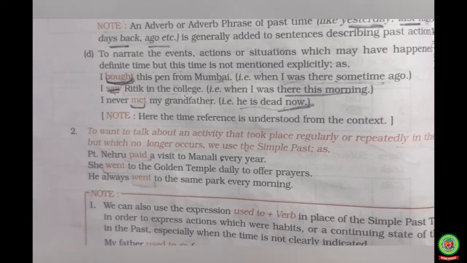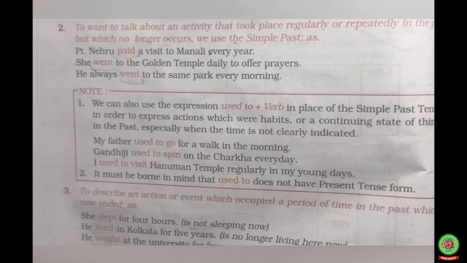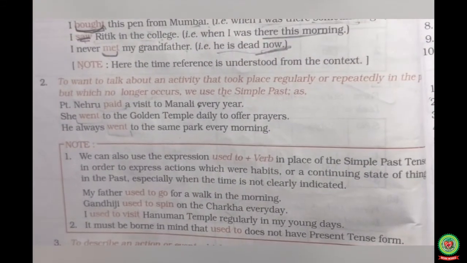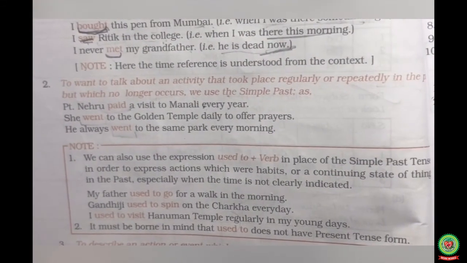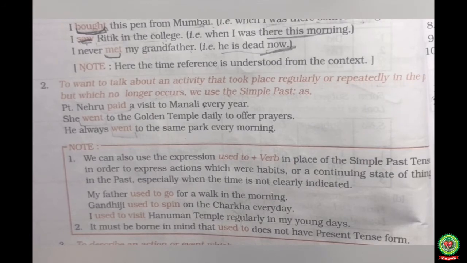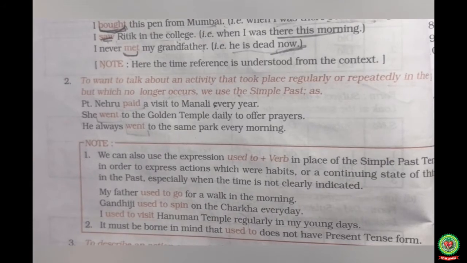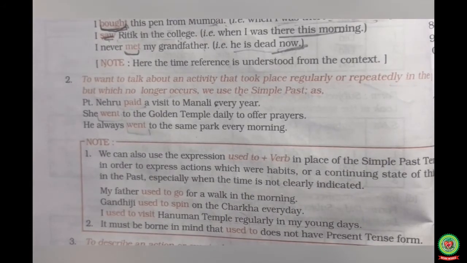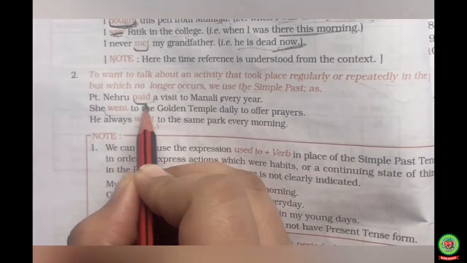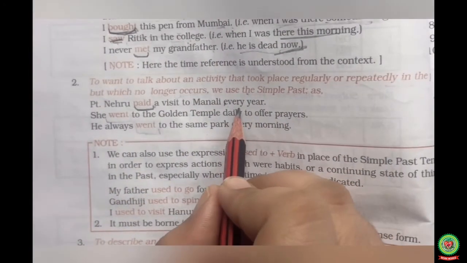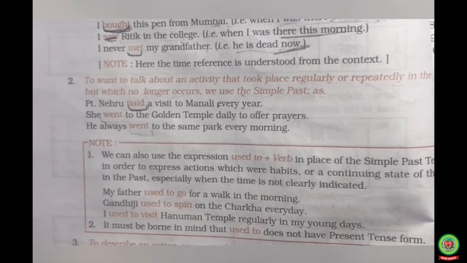Now next point is to talk about some activity that took place regularly or repeatedly in the past but no longer occurs. Then we use simple past tense. Means something which was going on in the past on a regular basis. For example, Pandit Nehru paid a visit to Manali every year. Means every year he went to Manali.